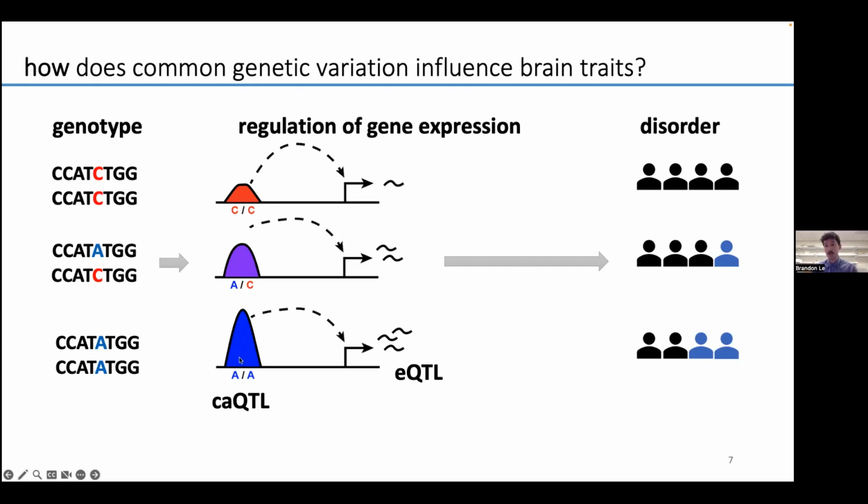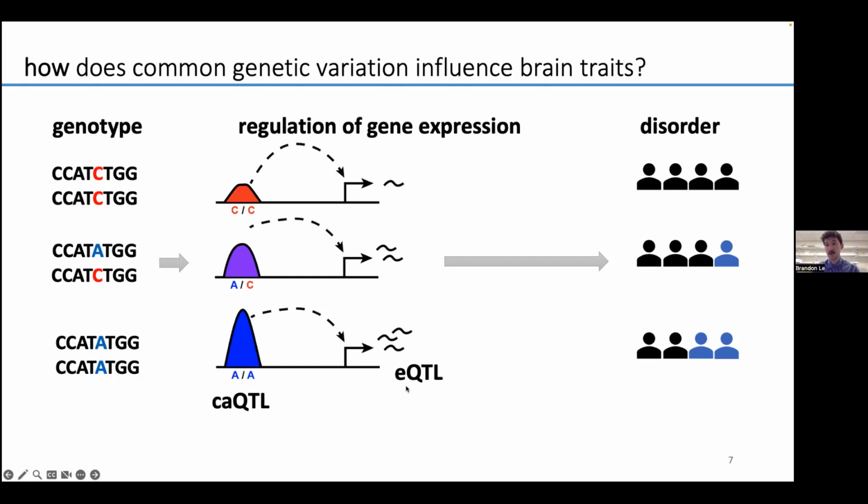We can use this chromatin accessibility as a proxy for transcription factor binding. If the chromatin is open, we could expect that there may be transcription factors that accumulate and bind that DNA and exert some sort of regulatory function on gene expression. When we find genetic effects on chromatin like this, we call them chromatin accessibility QTLs.